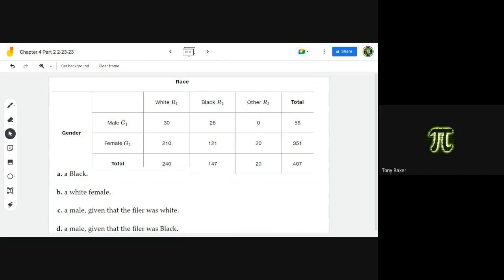All right. What's the probability that a protective order was granted given that they were Black? 147 out of the 407.